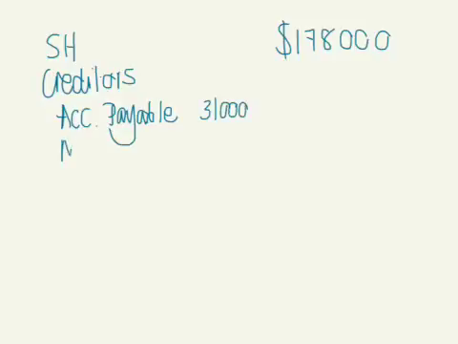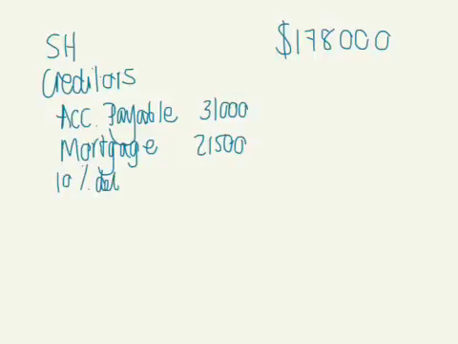We've got a mortgage of 21,500. They've got 10% debentures issued at $30,000, and the question says that they will be redeemed at a premium of 10%. So 30 times 1.1 gives us $33,000.